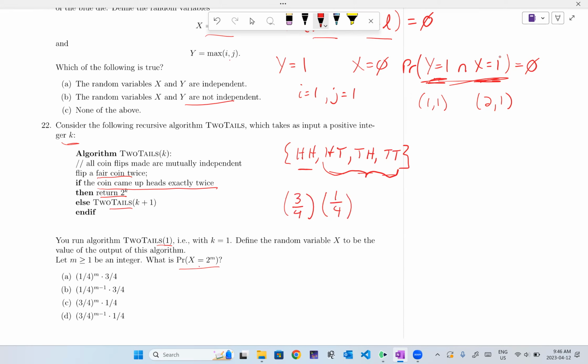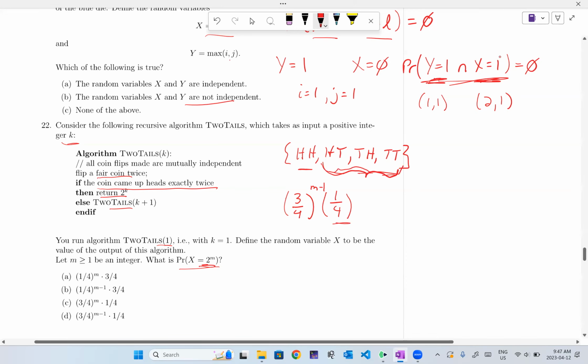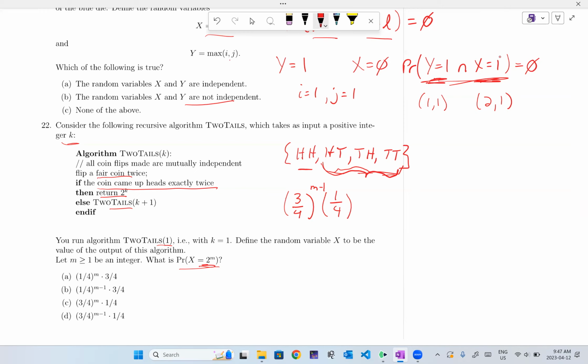And M is the number of times I execute this algorithm total. So this means I would have M-1 executions where I got heads-tails, tails-heads, or tails-tails, and then finally, I would get heads-heads. So yeah, it would be (3/4)^(M-1) times 1/4. Okay.